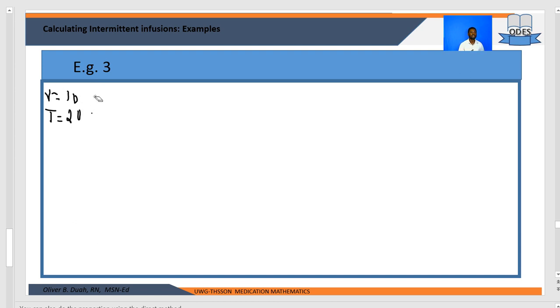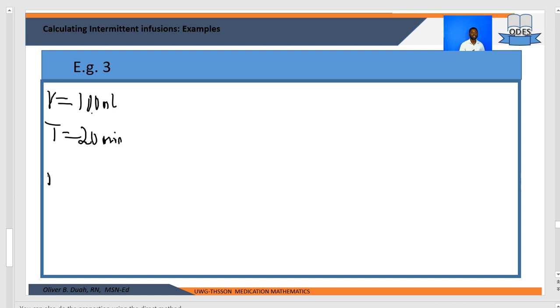All right, so volume is equal to 100 ml, and then time is equal to 20 minutes.